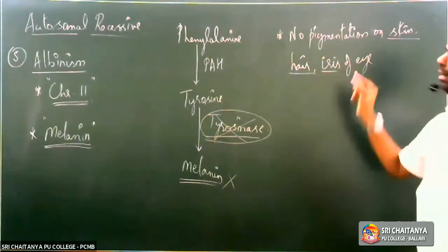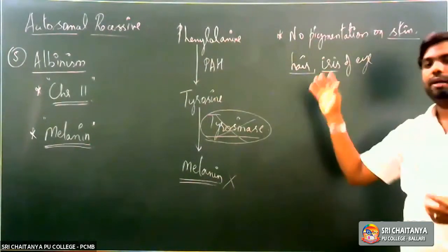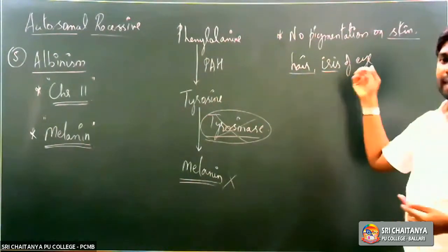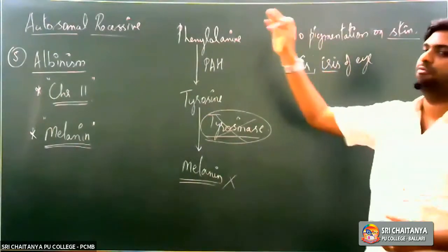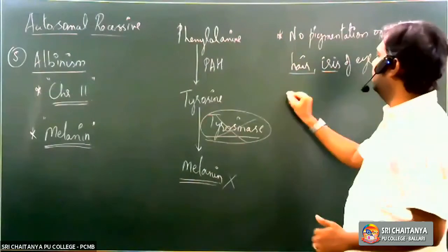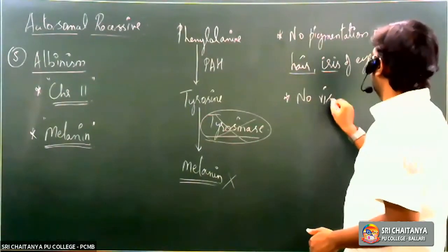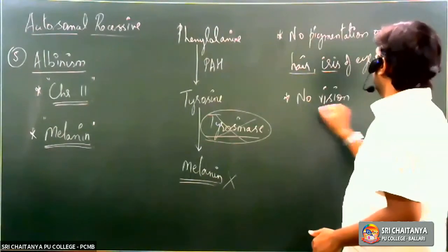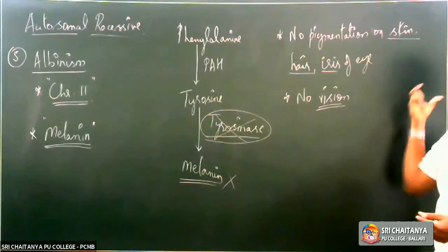There is no pigmentation in the iris of the eye also. Now, since there is no pigmentation in the iris of the eye, in the majority of cases, people suffering from this disorder called albinism have poor vision. There is loss of vision because there is no pigment in the iris of the eye.